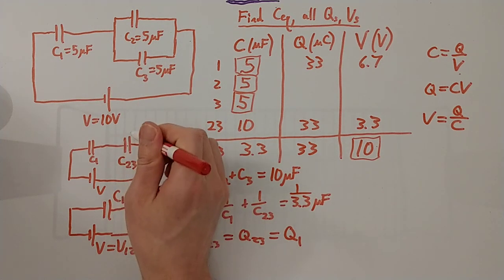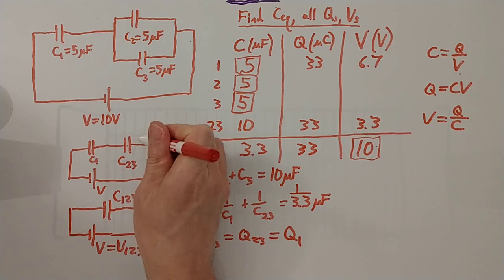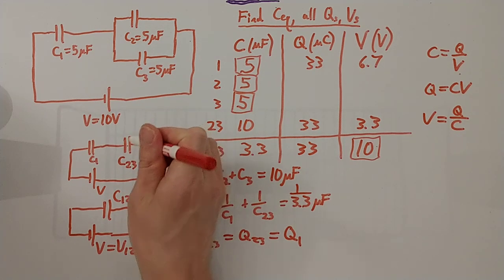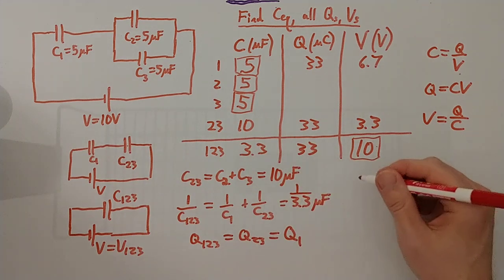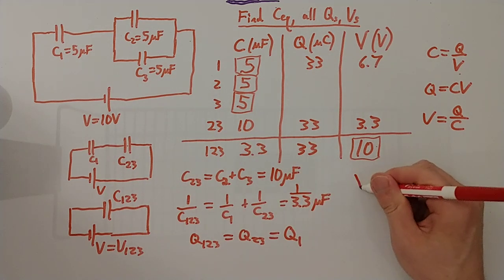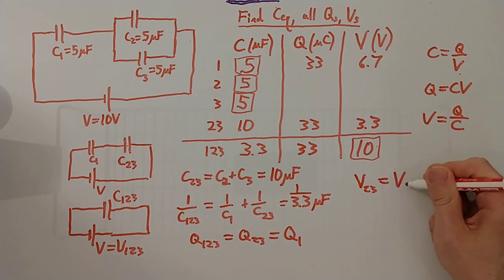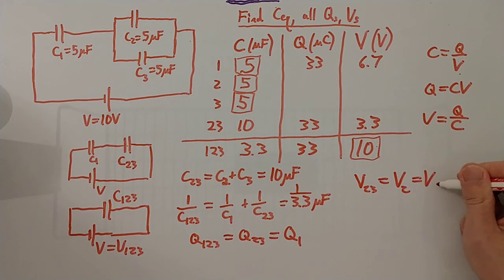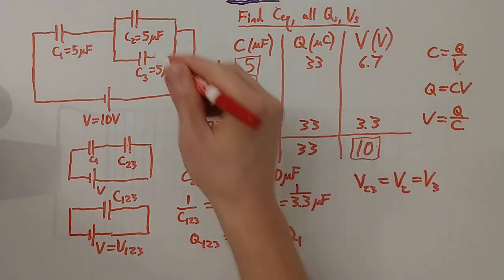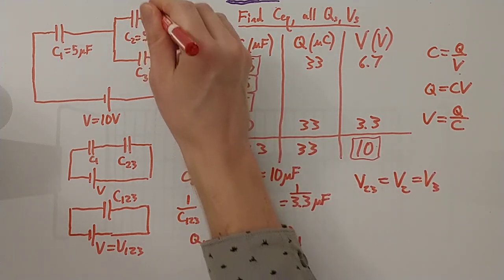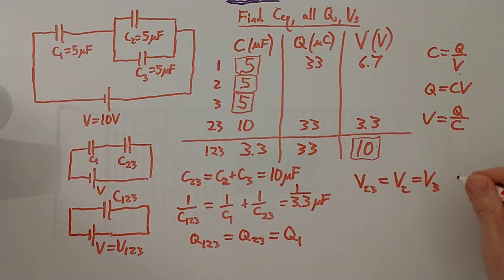When you're talking about things in parallel, the thing that is always the same is the potential. So in this case, we know that the potential across 2,3 must be the same as the potential across 2, and the same as the potential across 3, because when things are parallel, that means the potential is the same.